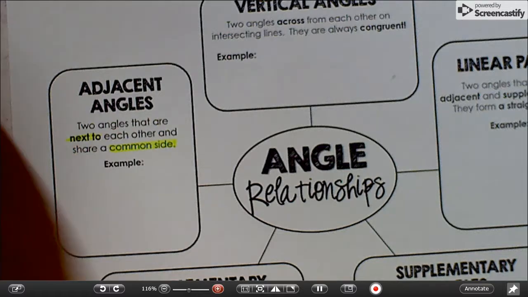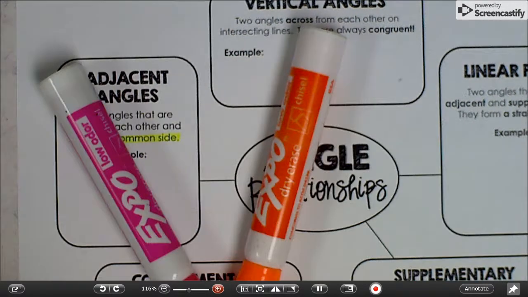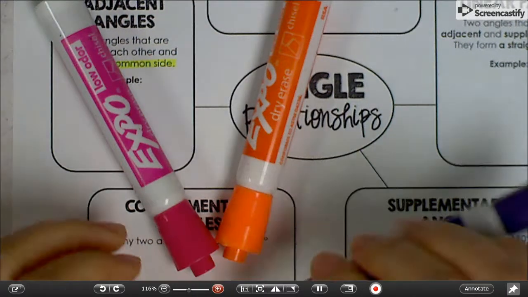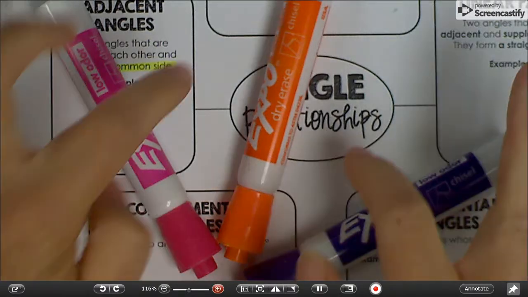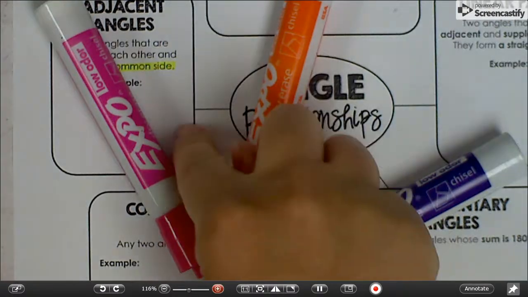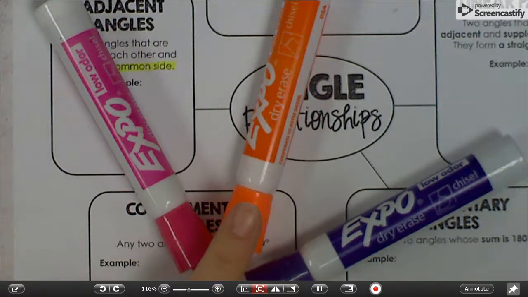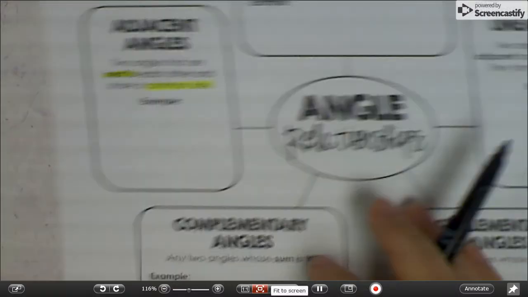So if this was an angle, there's the angle with the vertex, and then we put another angle attached to the same vertex. These angles are adjacent angles, this one and this one, because they share this side right here. So we're going to just draw a little picture.